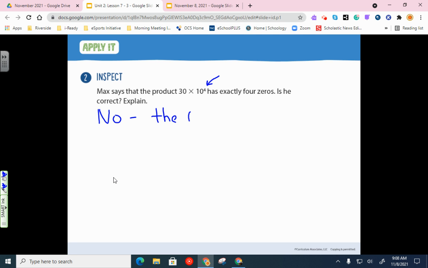The first factor, which is 30, and notice this right here, it already has a 0 in it. So he is going to increase it by 4 zeros thanks to this, but he already had a 0 in it, so the total zeros would be 5.